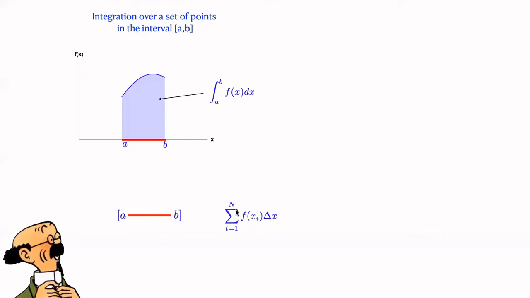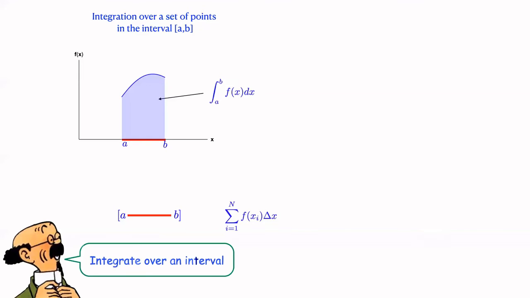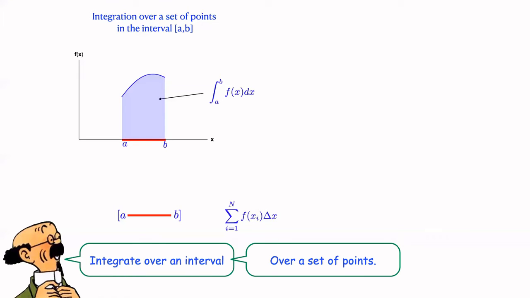Then you take the limit where the number of intervals n goes to infinity, with the condition that n times delta x goes to the length of the interval, and you get the value of the integral. So the normal integral, or the integrals that you are familiar with, has contributions from all the points that lie in the interval a to b. Therefore, I can say that you are summing over a set of points in the interval. Of course, the number of points in the interval is infinitely large, but that doesn't matter. This is the idea: you are summing over a set of points.